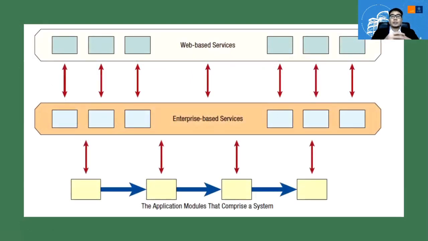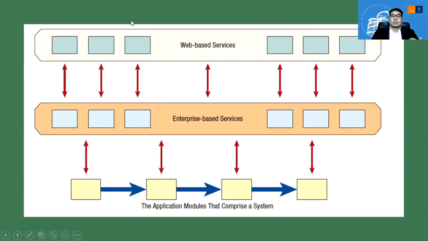There are two levels of services: web-based services that aim for the customer, and second, enterprise-based services that aim for employees. Each of these services is run through several modules. That's an example here. So each module will run each service that connects the enterprise-based services to the web-based services.